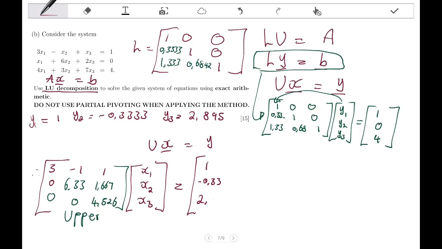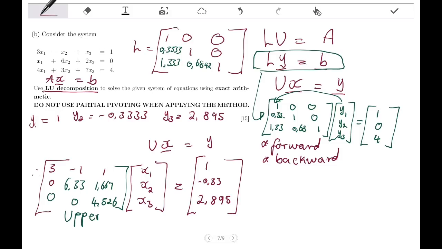Then just calculate. Remember that to calculate y, you are using forward substitution, and to calculate x, we are using backward. We start by calculating x3. That's why we're saying it's backward: x3, x2, x1. Then for the forward, we start by y1, y2, y3.